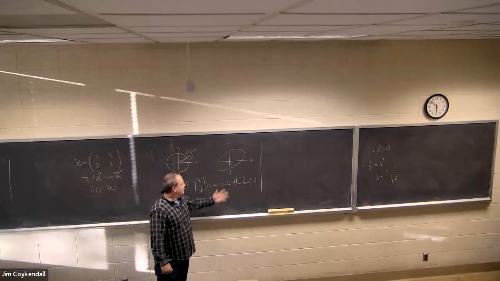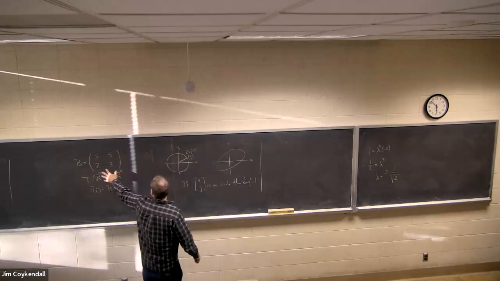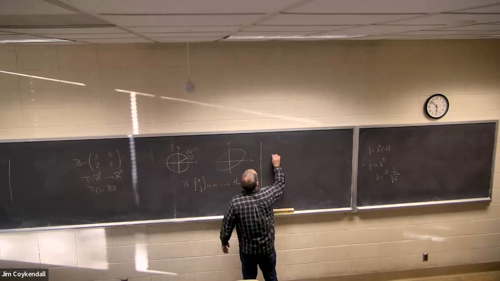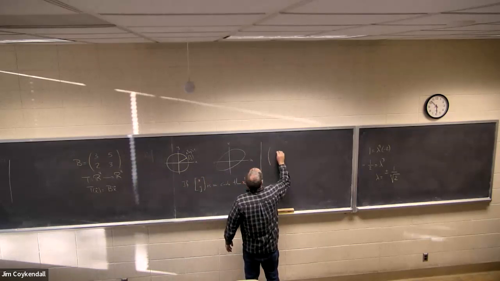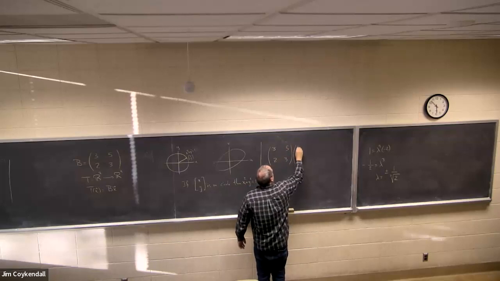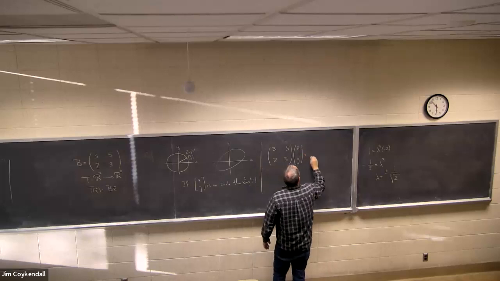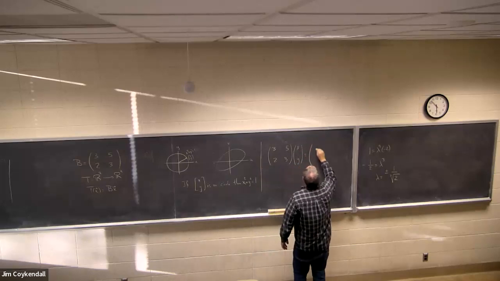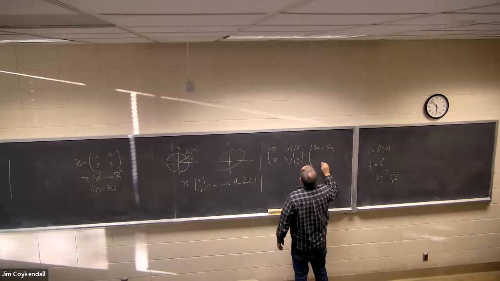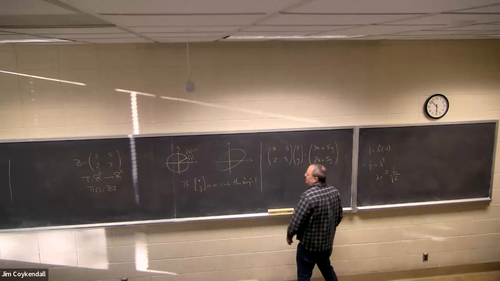My big question is, what do they turn into after I smash them with this matrix B? Well, if you look at 3, 5, 2, 3, you get that.